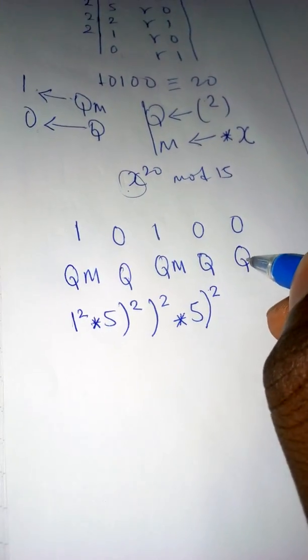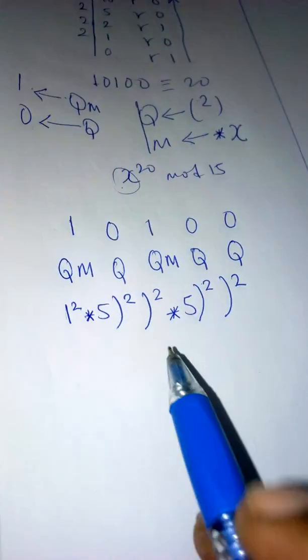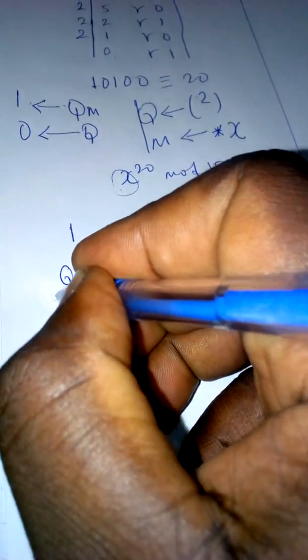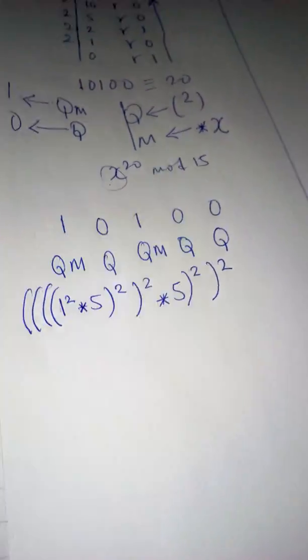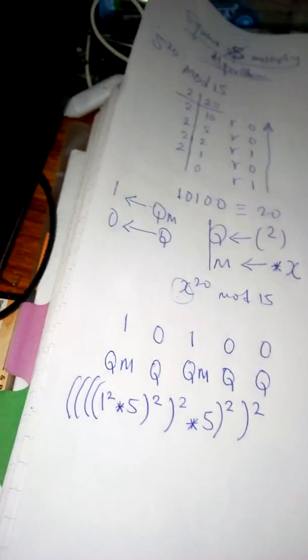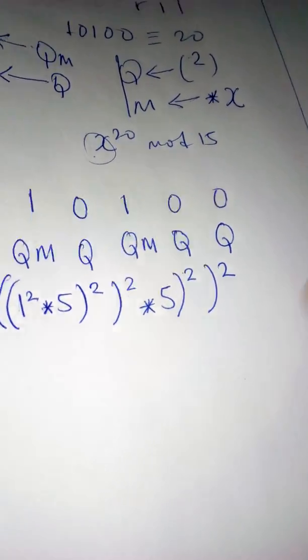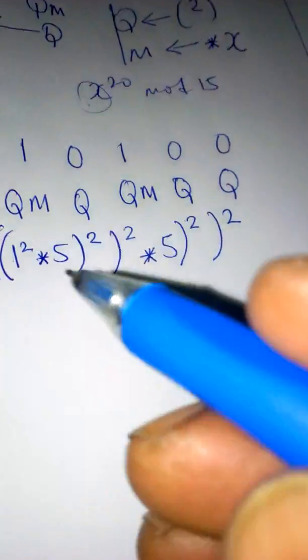We have another Q, so we close the bracket and put square again. How many brackets do we close? 1, 2, 3, 4. So we open 4 brackets here to complete it, and since we are opening, we need to close it also. So this is the first step. We are going to simplify before we now work with our modulus.